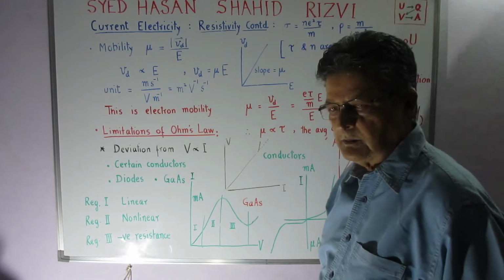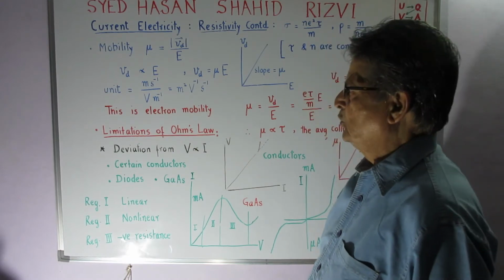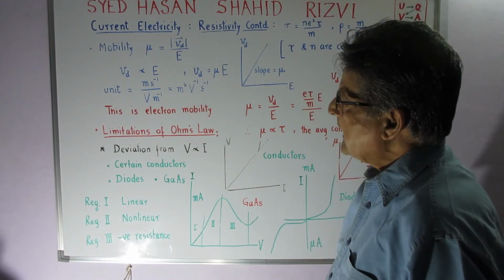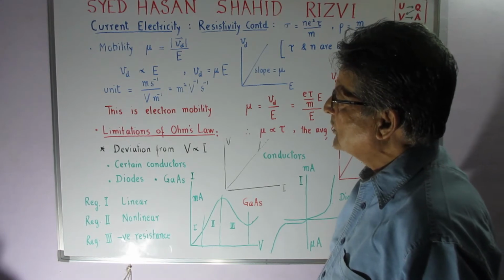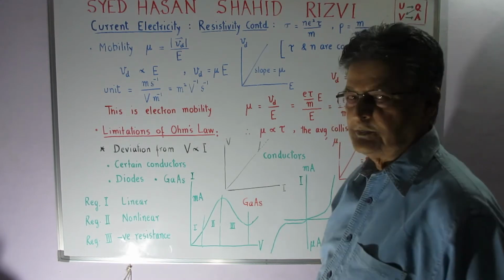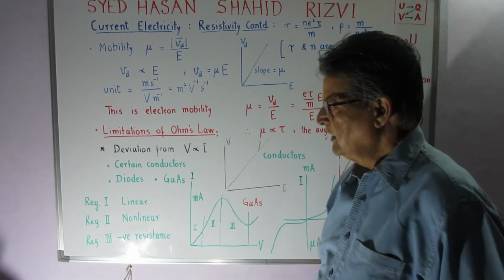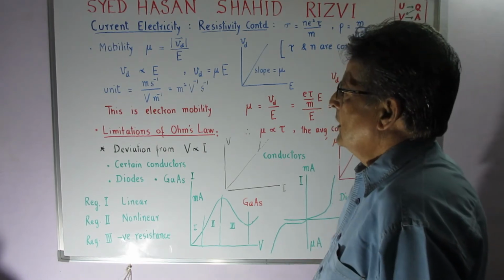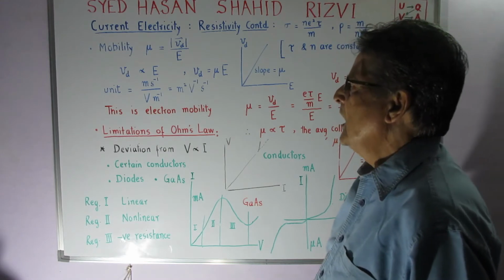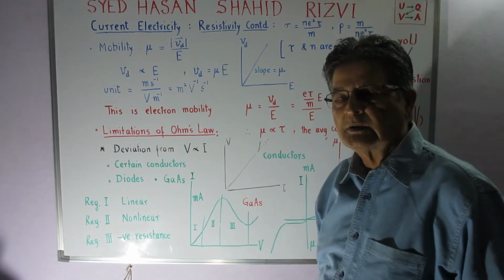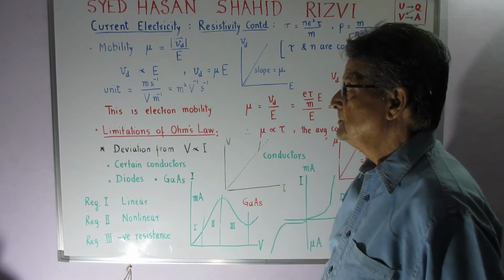Now we define another attribute. That attribute is called mobility. How mobile is the charge?